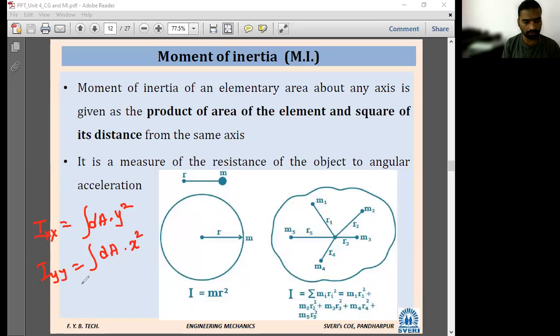All of you read on this one. This is moment of inertia along x-axis. And this second one is moment of inertia along y-axis.